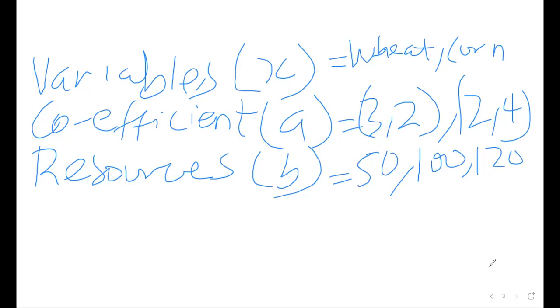Basically, what we start with first is representing our variables.